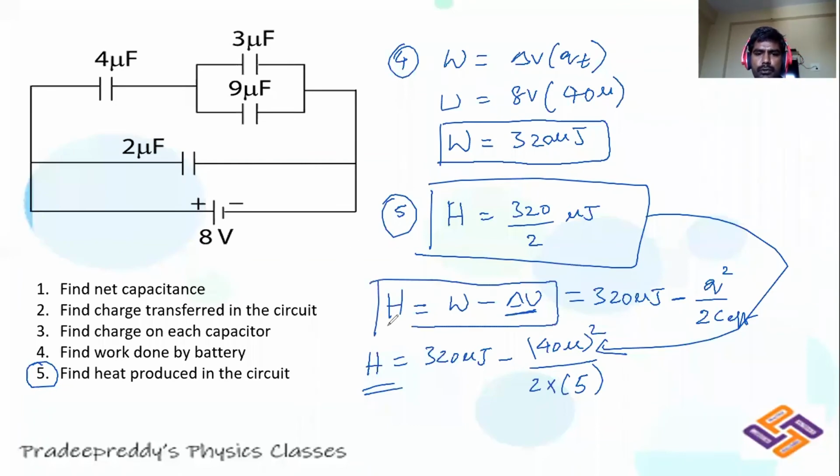First, find out the change in potential energy. From work done, you subtract that, you will be getting heat produced. And obviously, that may not be half of the work done. So when you are solving problems, don't directly write down heat is equal to work done by 2. That is valid only if initial potential energy is 0.